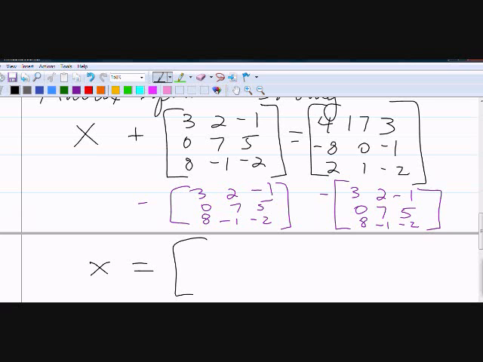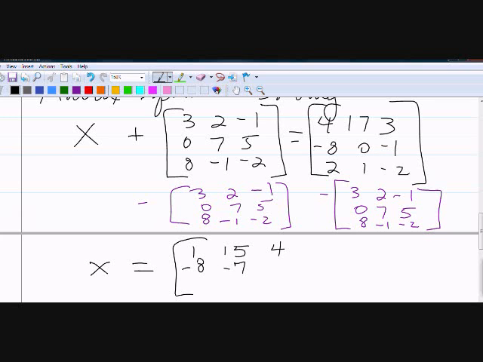And on the right side of my equal sign, I got 4 minus 3 is 1. 17 minus 2 is 15. 3 minus negative 1 is 4. Negative 8 minus 0 is negative 8. 0 minus 7 is negative 7.